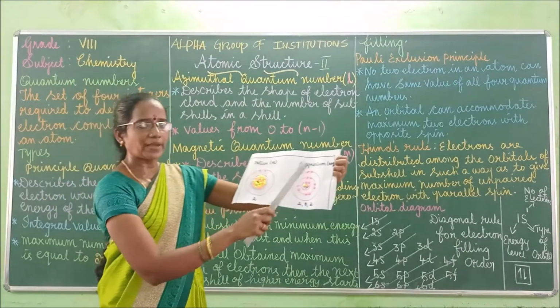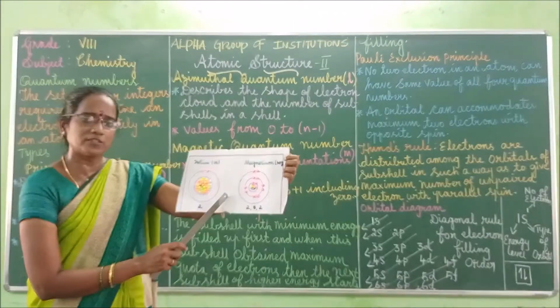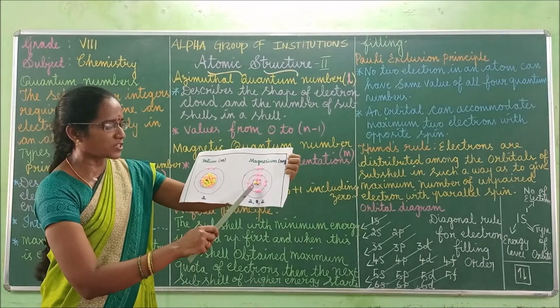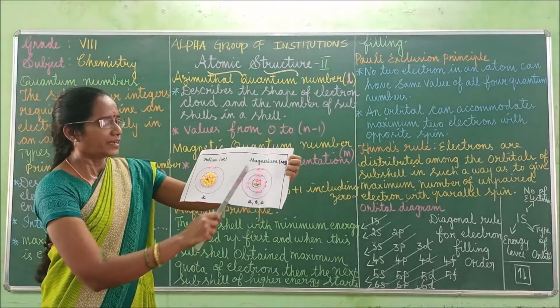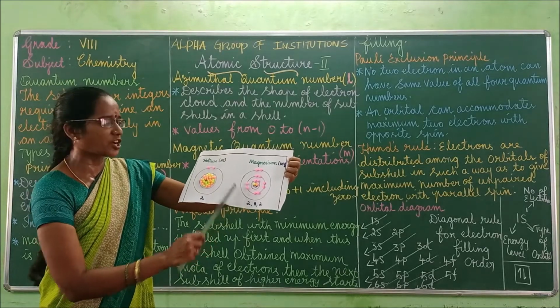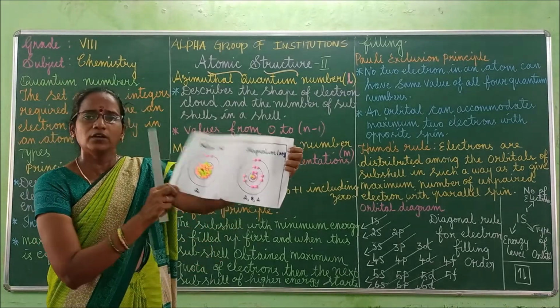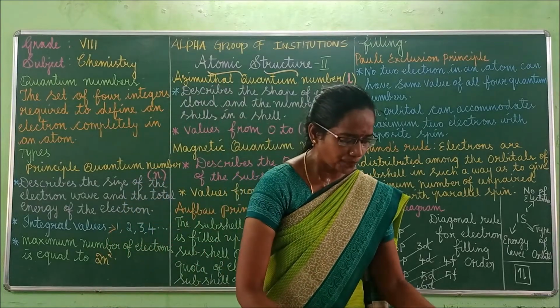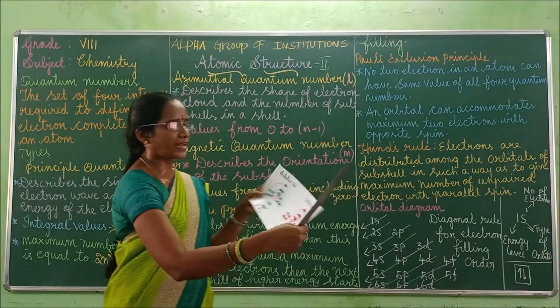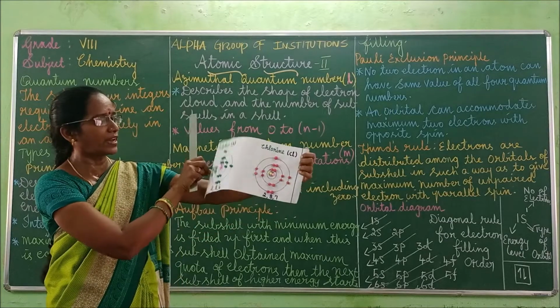Next one, magnesium element. Its atomic number is 12. So in the first orbit, 2 electrons are present. In the second orbit, 8 electrons, and in the outermost orbit, 2 electrons. So 2, 8, 2. Next one, sulfur element.